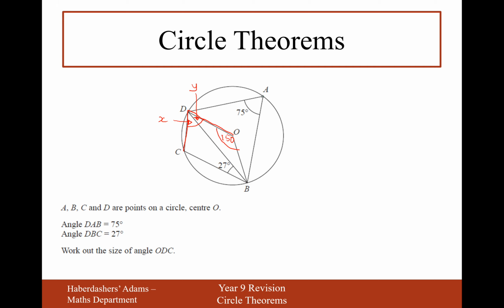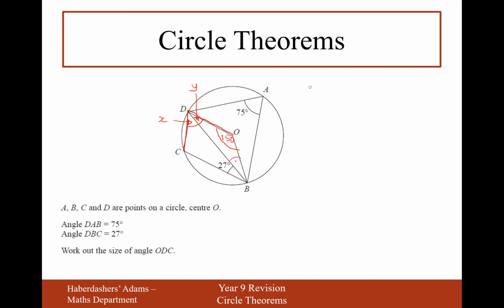Something else that might be helpful to me is noticing that I have an isosceles triangle here, ODB back to O. So that will mean that I've got two equal angles at the bottom here and here that are equal to each other. So that's going to be angles in a triangle add up to 180.